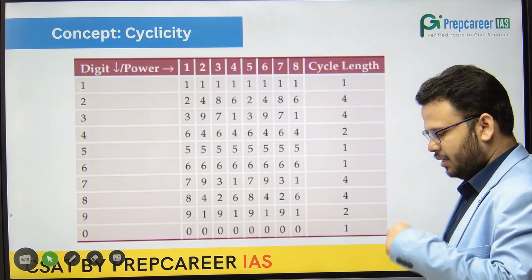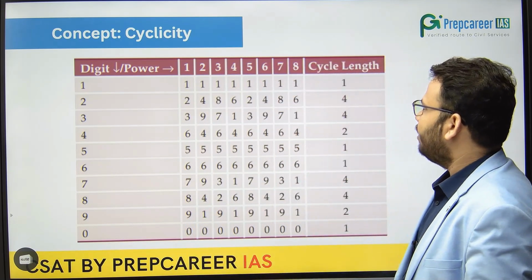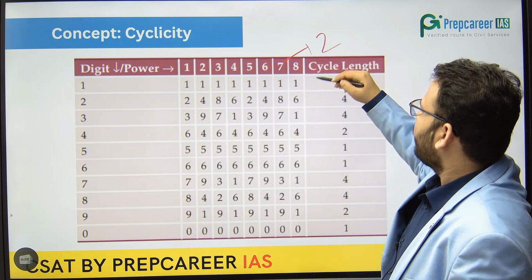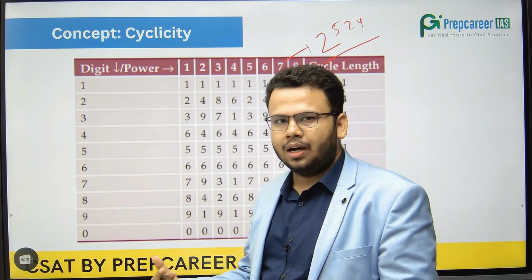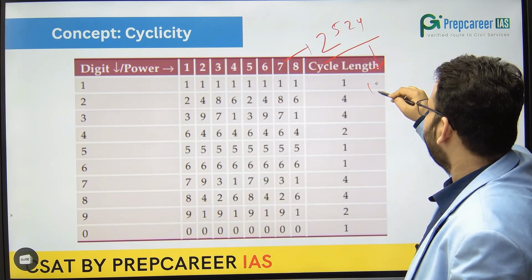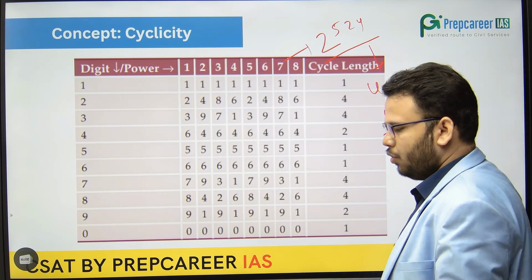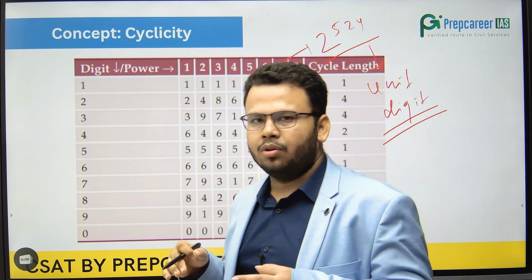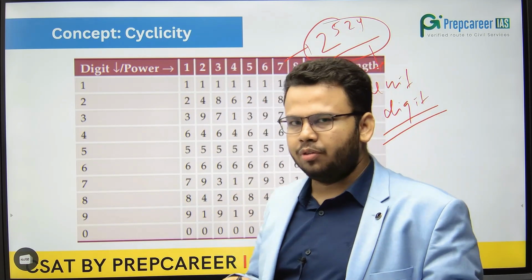The topic for today is cyclicity. Now what is this concept? If you have been given a number like 2 to the power 524 and you have been asked to simplify this number and find out the unit digit, then how will you find it?